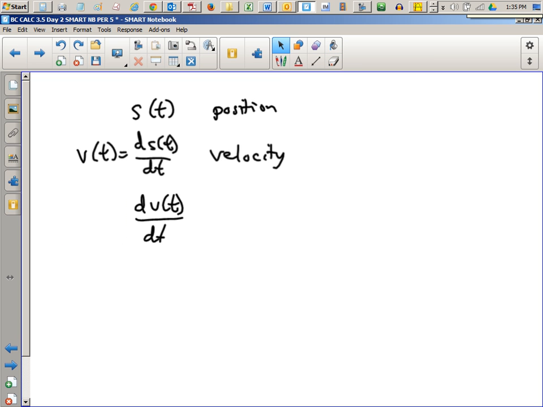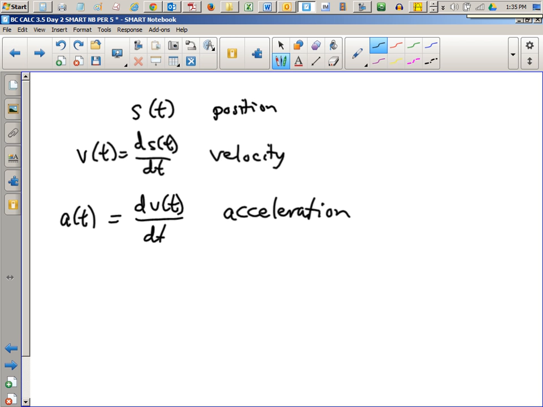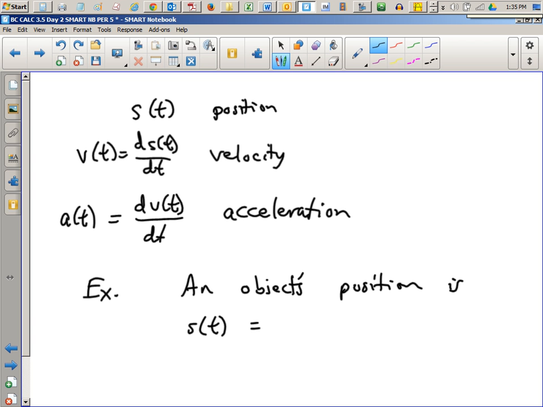What do we call the derivative of velocity? That's acceleration, right? Okay, so acceleration. This holds true regardless of the type of function you're using. Okay? So in this first example, you would just put an object's position is S of t equals, and I'm just using an example from the book, or one kind of like it.